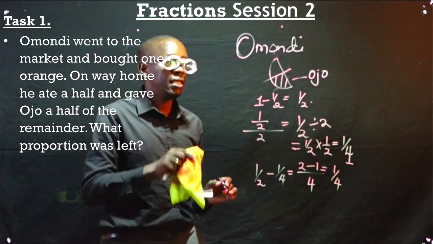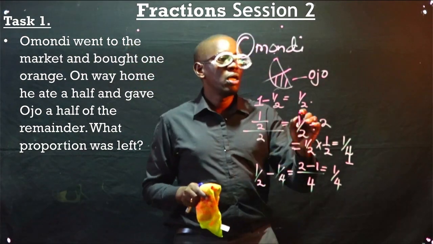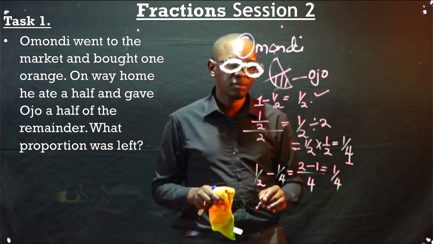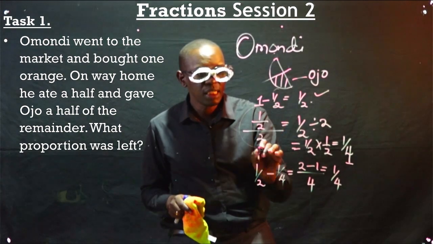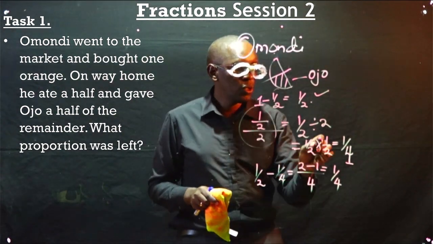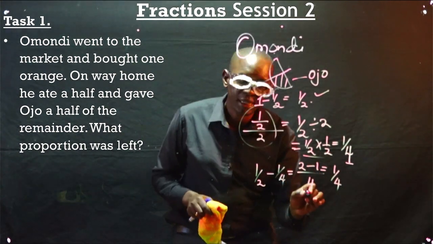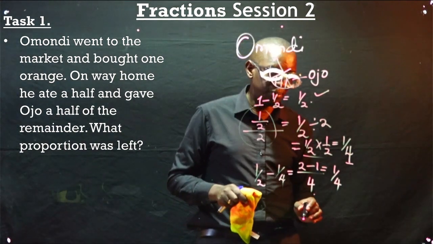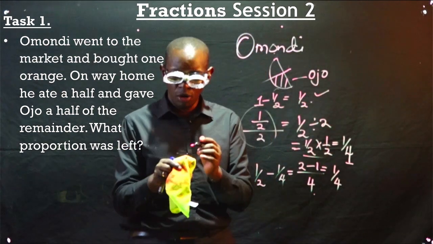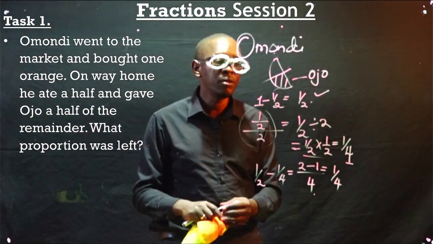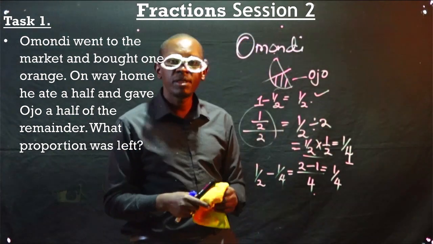Now you can see in one question, we have done subtraction, we have done division, we have also done some multiplication, and we have gone back to subtraction. So this is the power of having a word question in helping you summarize some work.